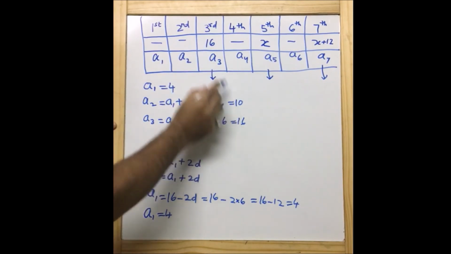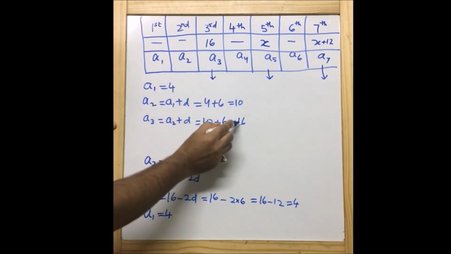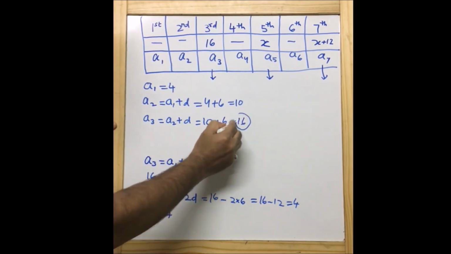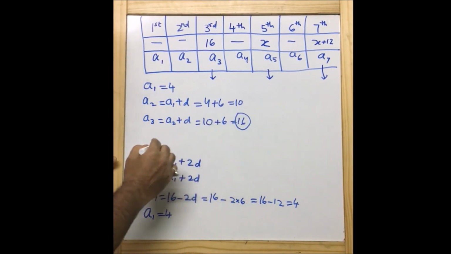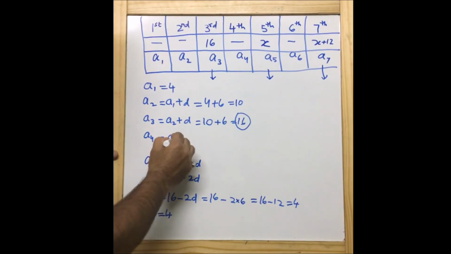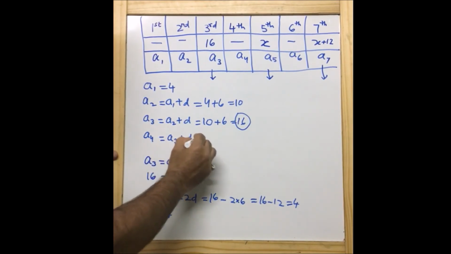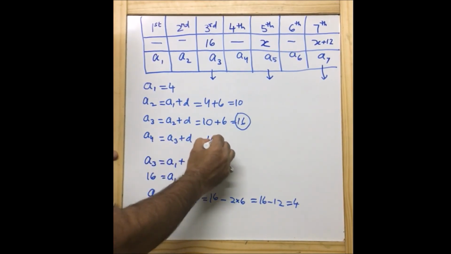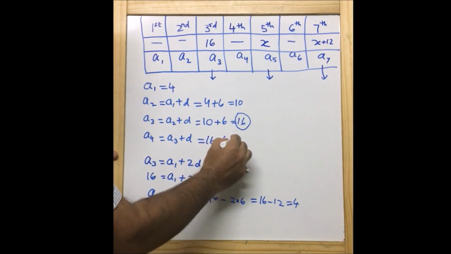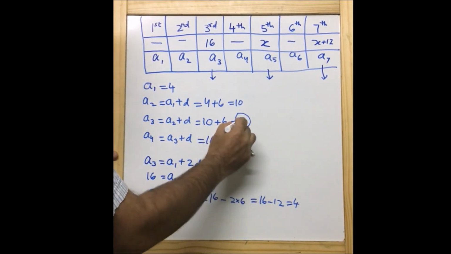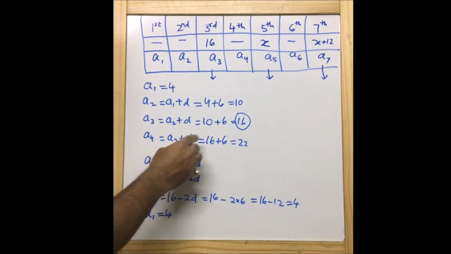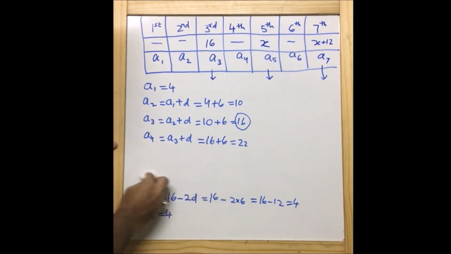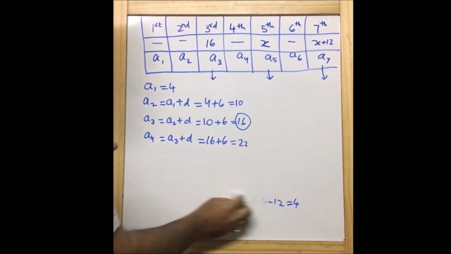See, we got this value 16. Here A3 is 16, and here we got this value as 16. That means the direction that we are moving is correct. A4 is equal to A3 plus D, that is 16 plus 6, that is equal to 22. Because 16 is here, and I added the common difference D, so I am getting 22.